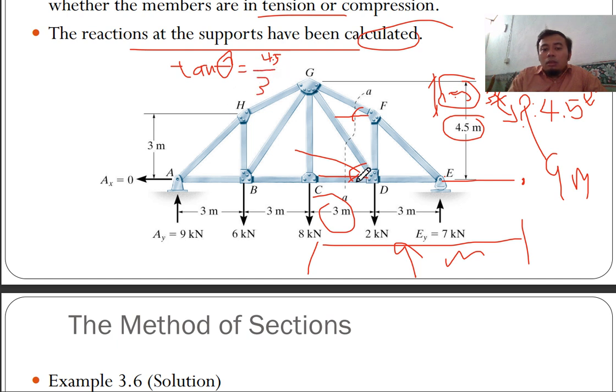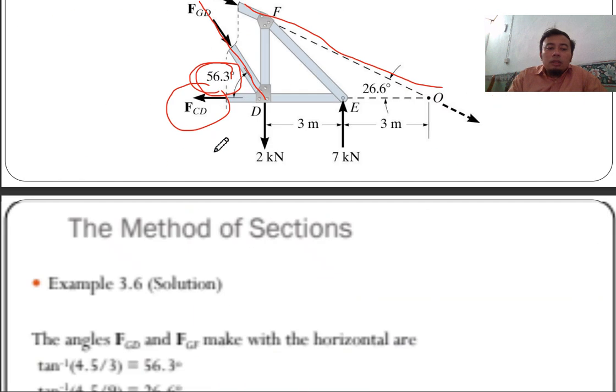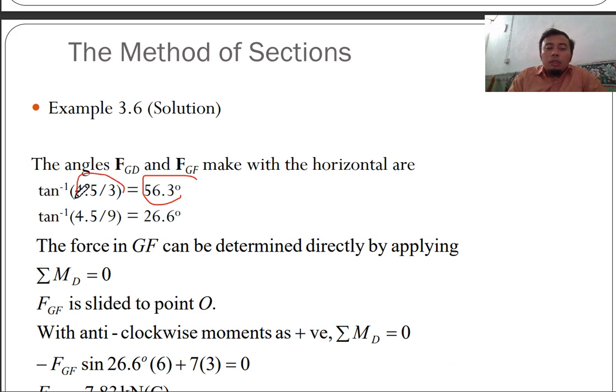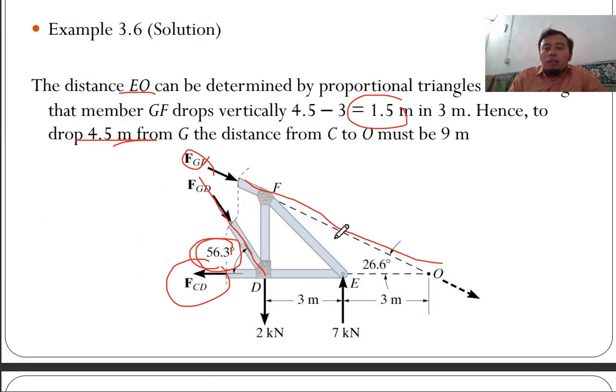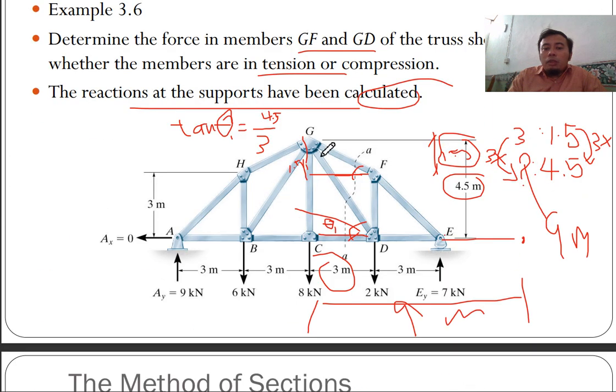So this is theta, theta 1. And for theta 2, this is a triangle. So we know this 3 meter, and this we know 1.5. So that's how you get 4.5 over 3. So this uses 4.5 and 9, because 4.5 is taken up to this point. So the angle is similar. The angle is similar.